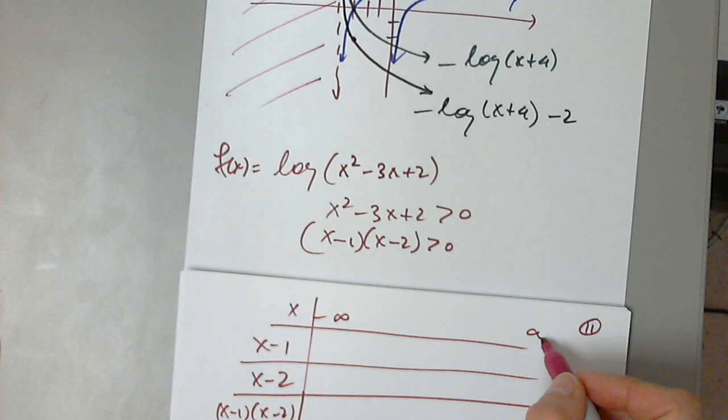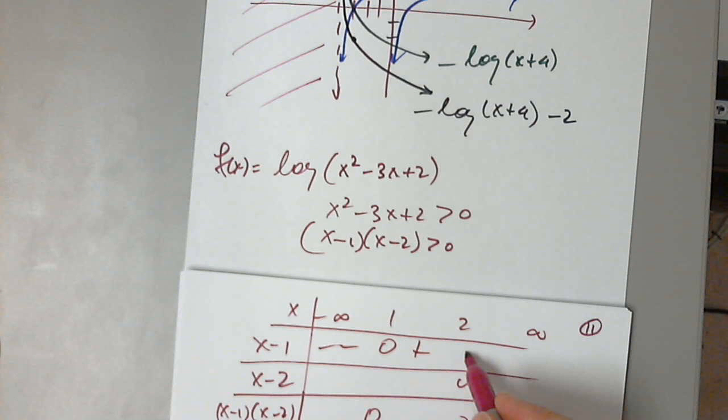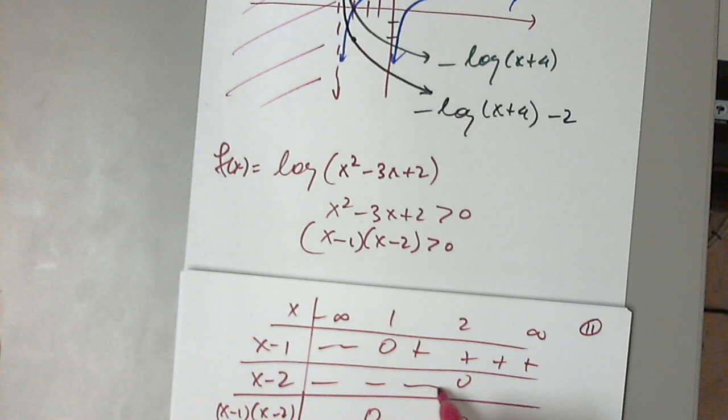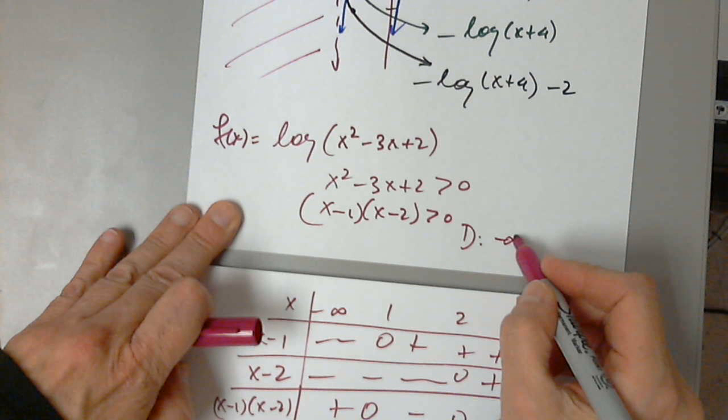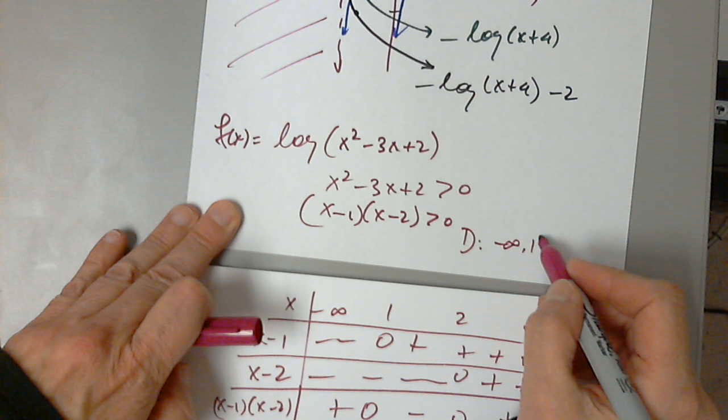Very good. So we have 1 and 2, 0 and 0. Both have a positive slope, no discussion there. So then the positive, it would be outside. So the domain of this function then is negative infinity to 1, union 2 to infinity.